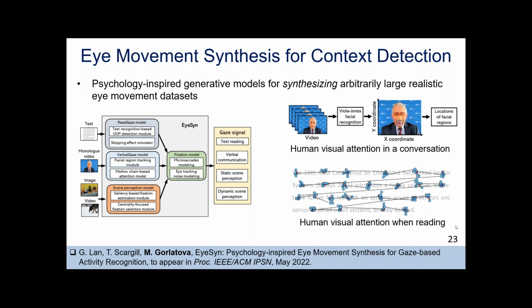So we created an engine that we hope goes towards democratizing eye-based classifiers, since it does significantly reduce the extent of investment that's needed to start working with them. This work is about to appear at the conference in May, and I'm happy to share both the preprint as well as the software with those who are interested.